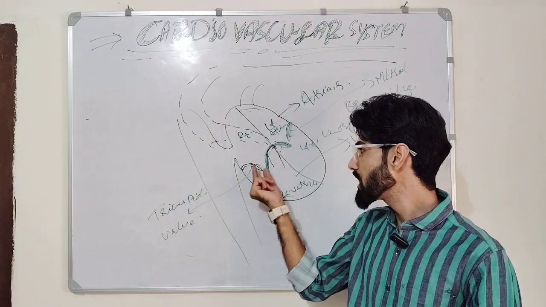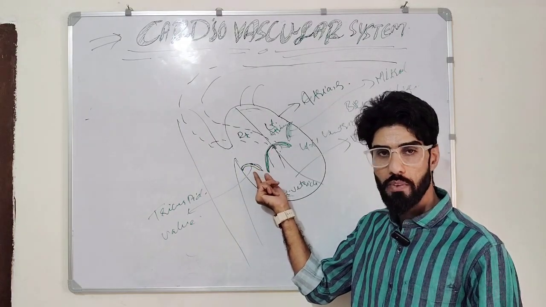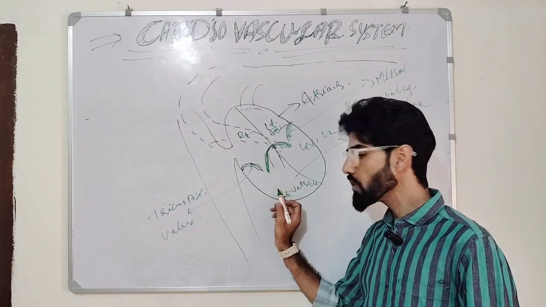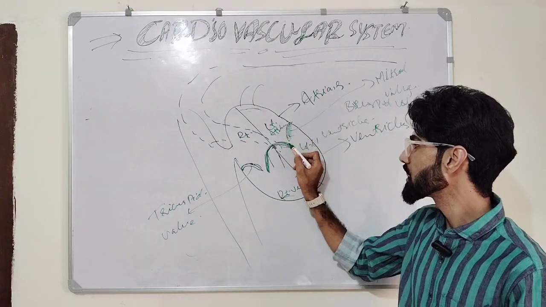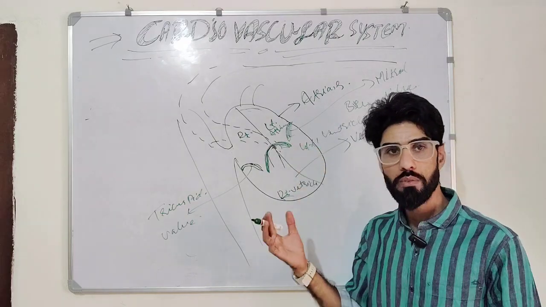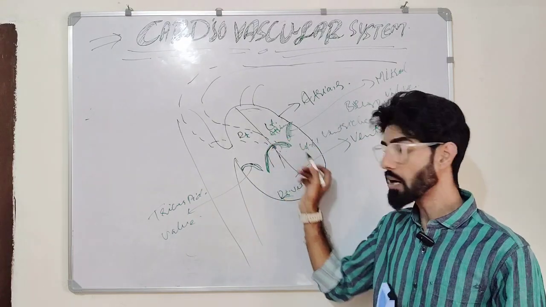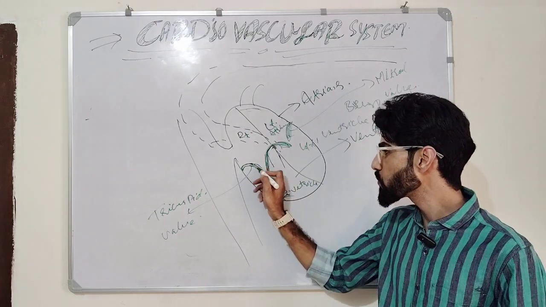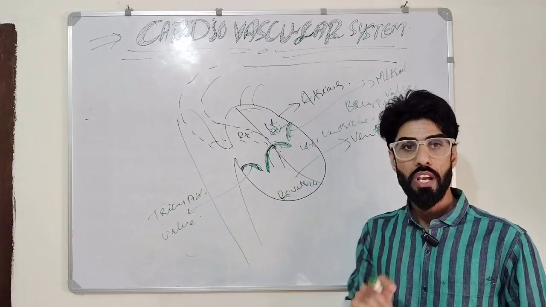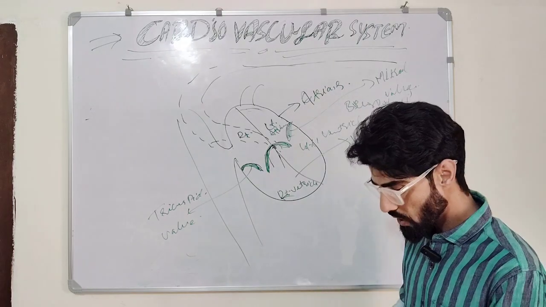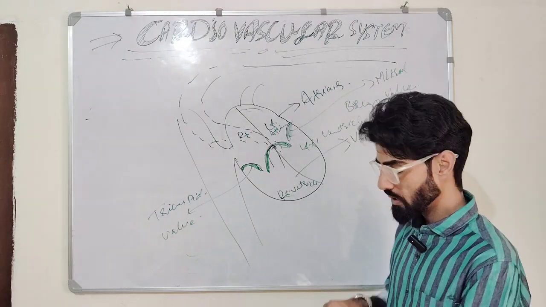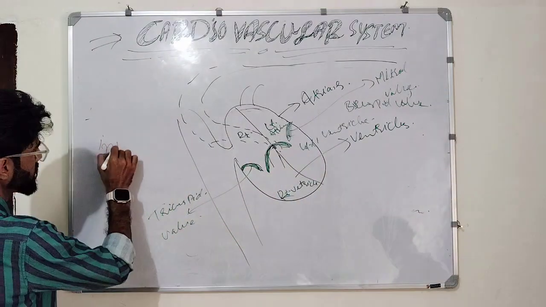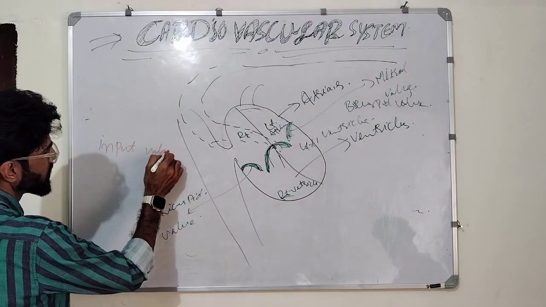So this tricuspid valve allows blood from the right atrium to the right ventricle, and this bicuspid or mitral valve allows blood from the left atrium to the left ventricle. So these valves are also called input valves.